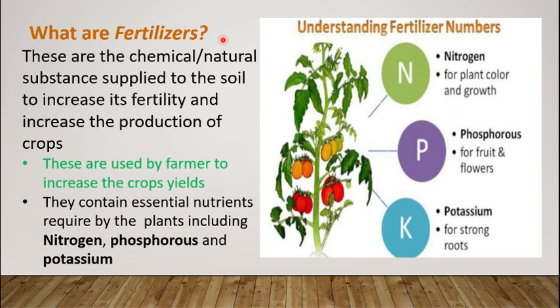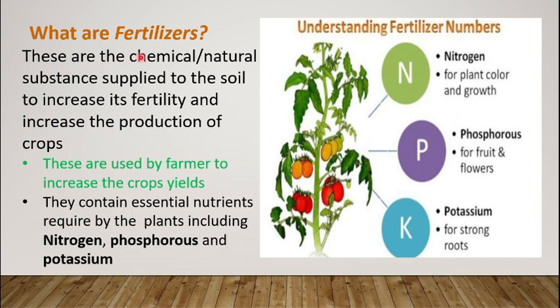They provide food to us. To increase the yield or to grow them fast, they also need some nutrients. These nutrients are provided by natural sources or by some artificial way. These are called fertilizers. What are fertilizers?